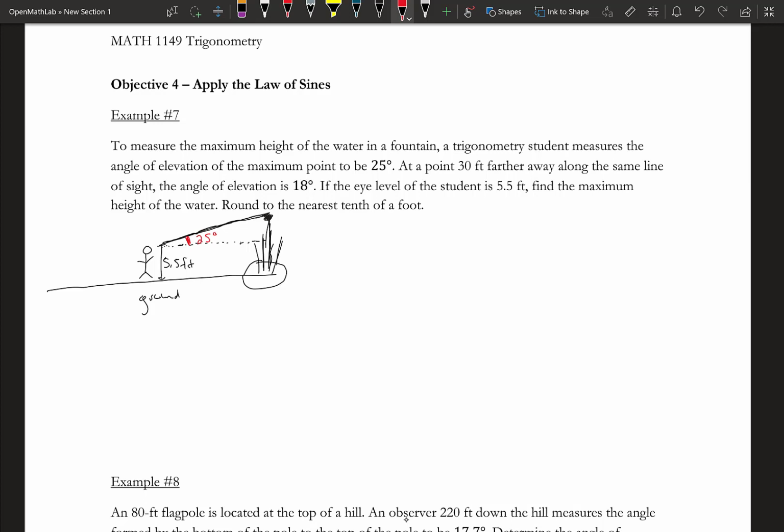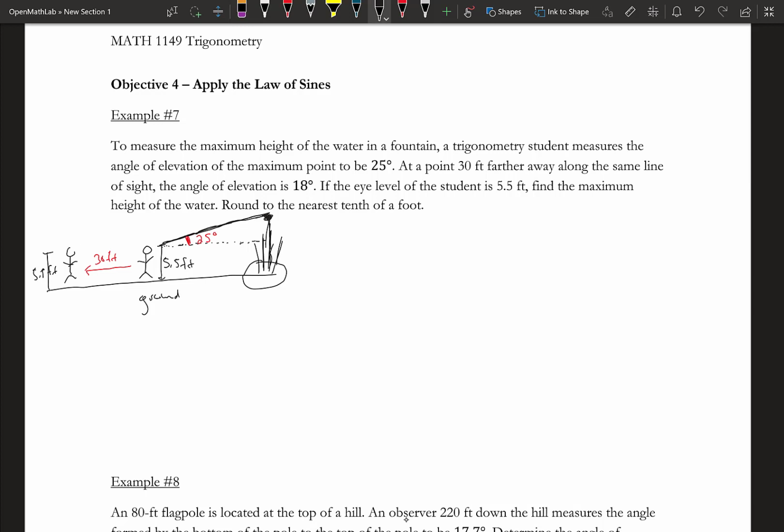And then the student steps back 30 feet. So he's still 5.5 feet tall. And then we get a new angle of elevation. Actually, let me use a ruler here. It'll probably make this a little easier.